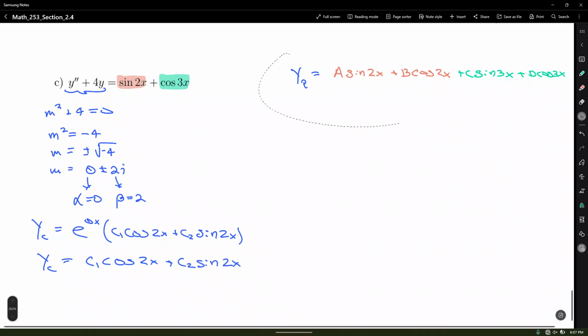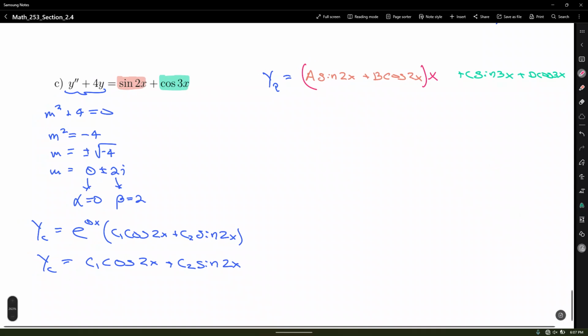All right. Let me make some room here. Now, here is the thing. Observe the proposed form of y sub p. Do you guys agree that sine 2x, cosine 2x is a duplicate of the homogeneous solution? Do we have the same problem with sine 3x, cosine 3x? So the only one we need to fix here is by multiplying by 1 power of x, that is the first group. After distributing, we no longer have that duplication.